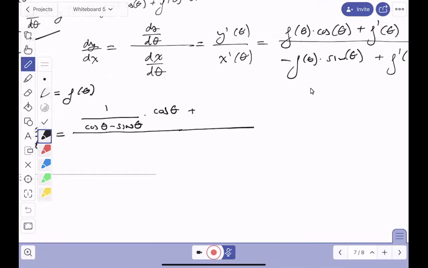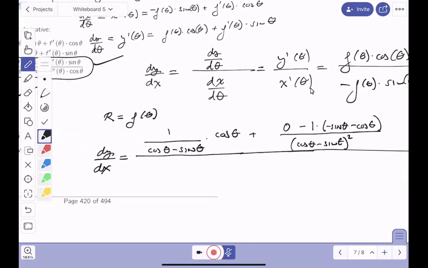Boy, it's going to be a lot of work. And that's going to be what? Cosine theta minus sine theta squared. Then I'd get the bottom times the derivative of the top, which is 0, minus the top times the derivative of the bottom, which would be minus sine theta minus cosine theta. Boy, this is going to be a lot of work. All right, I think we can do it though. And then that's going to be times sine theta.